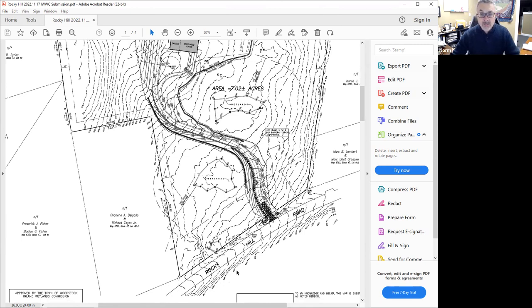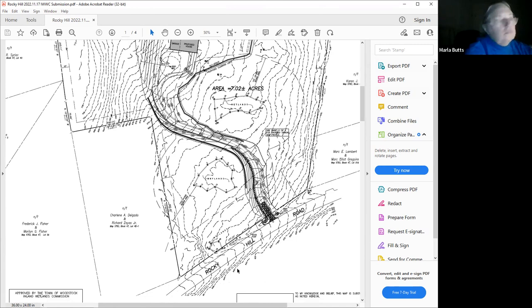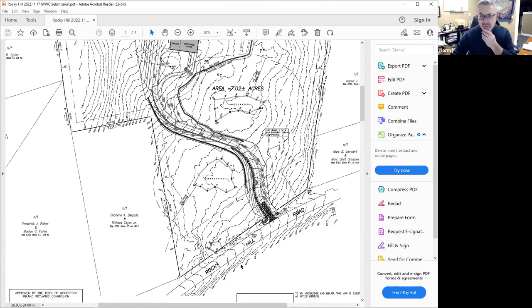Rocky Hill Road peaks, and I don't know off the top of my head, I think it's several hundred feet up. We have a high point on the road, and so essentially took the drainage from that point and sized the pipe accordingly based on that.